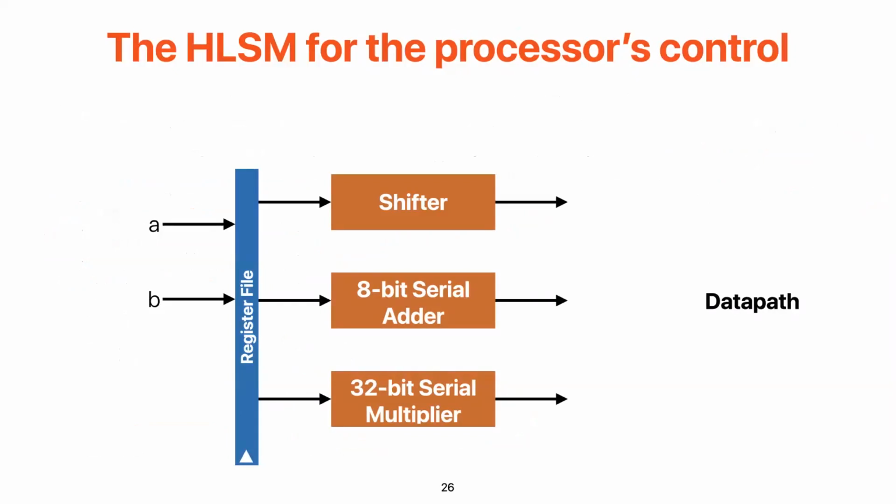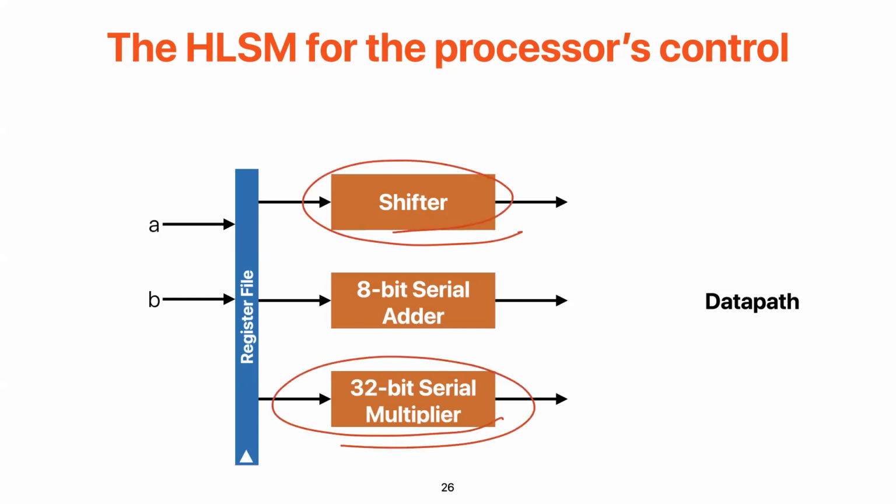We want to design a processor, and the processor has a shifter, an 8-bit serial adder, and a 32-bit serial multiplier, which only generates 1-bit result per cycle. This is the high level stuff we have, and we are thinking about how to put them all together.